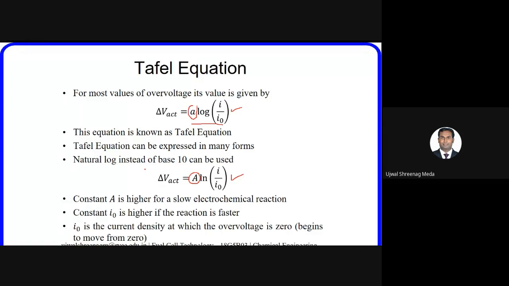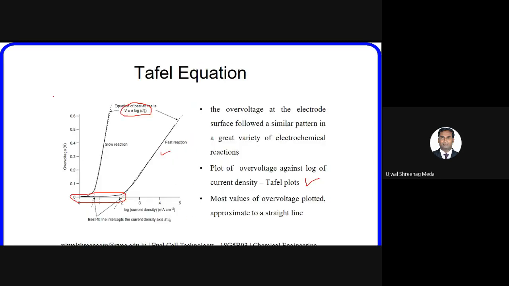Likewise, the constant I naught is inversely proportional to activation loss. In the case of fast reactions, the I naught value will be higher, which is an inverse relation. Because of that high value of I naught, the associated activation losses are lower. This I naught is defined as the exchange current density. So now let's go back to this plot.